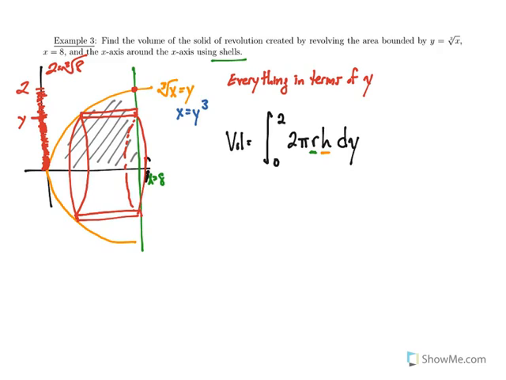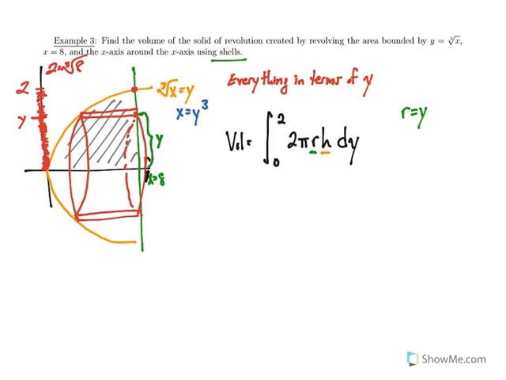So r is the easy one to find here. R is just going to be the distance from the origin out to our rectangle, and that's going to be exactly the value of y for every one that we have. So r is y here, just as r was x in the previous problem.